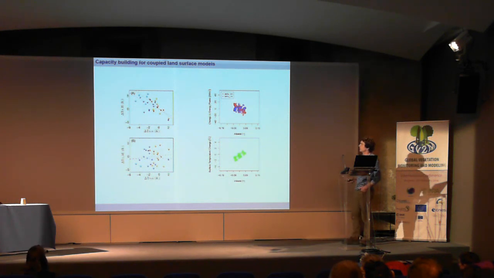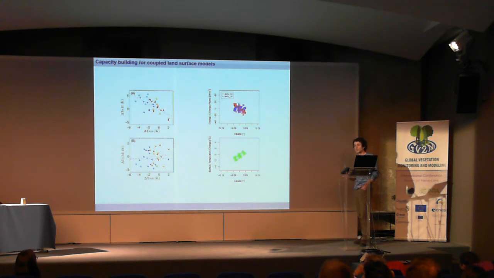And this is a bit strange. It's not what we expect. And at the same time, we see hardly any effect for latent heat fluxes. So it's a bit contrary to what is often written in textbooks or what you often find in analysis. So we weren't too certain about this.